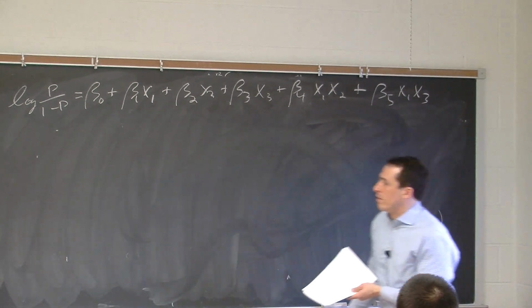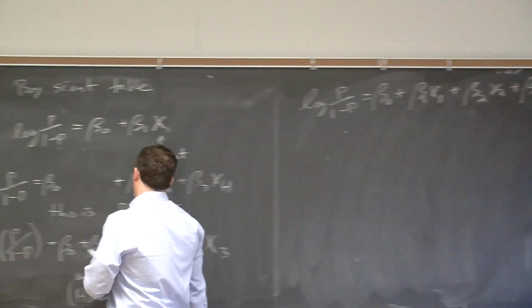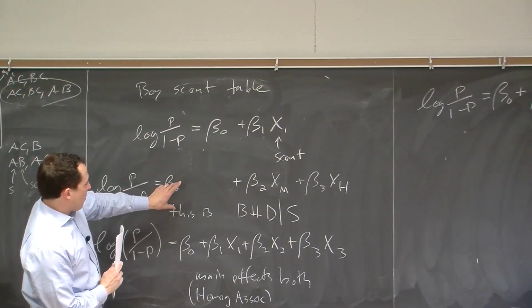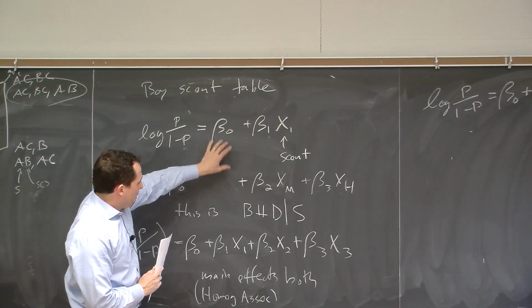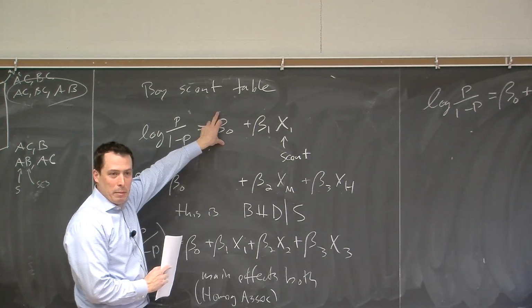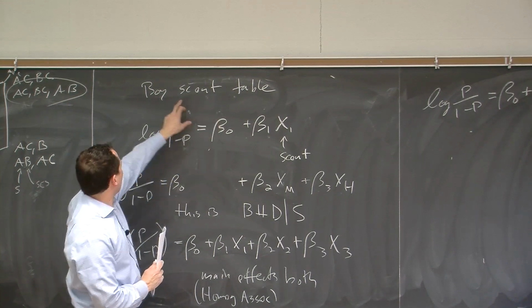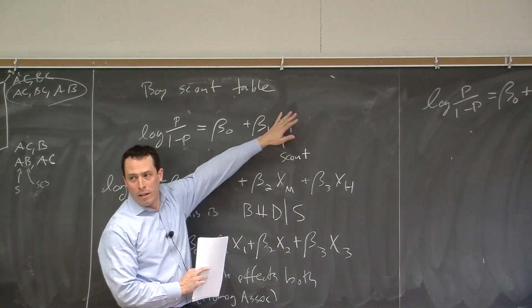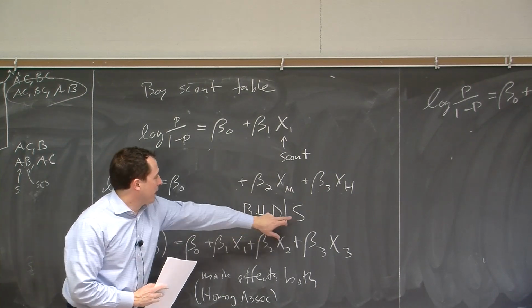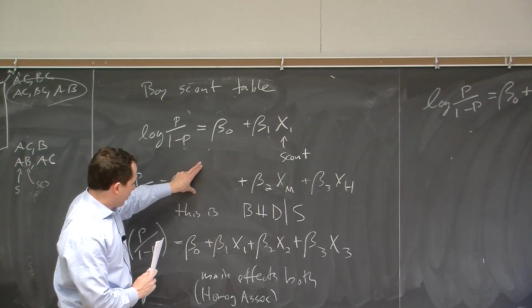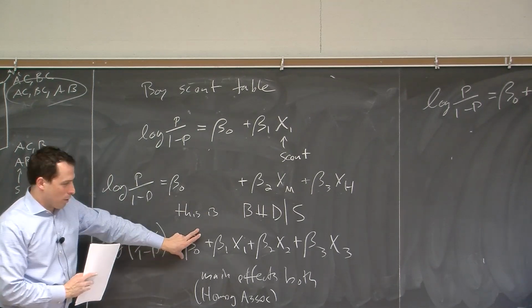So that means that, for example, these 2 can't be directly compared, but they can be compared above the baseline model of just beta naught. What we can do is take this model, B is independent of D given S, which is a conditional model, and compare it to this one.